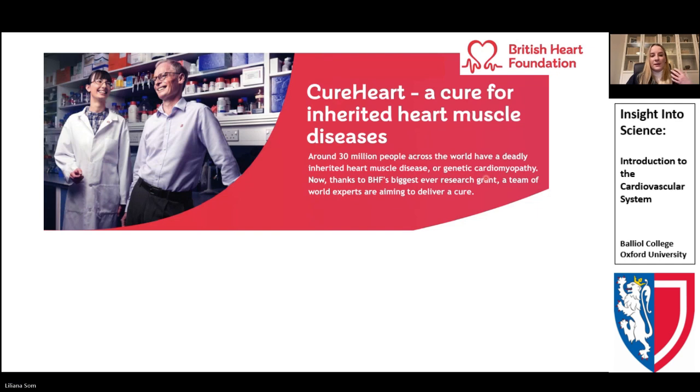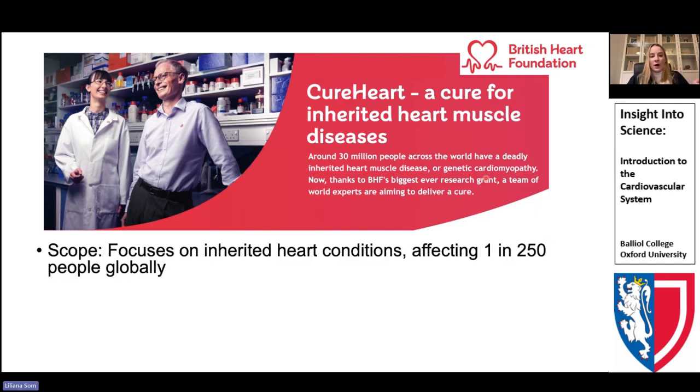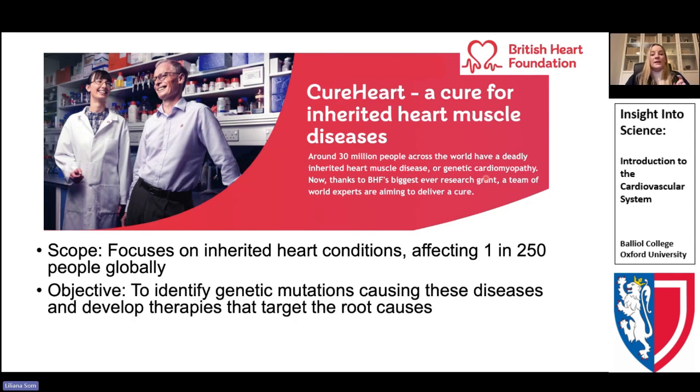And the aim of the Cure Heart project is to focus on inherited heart conditions that affect 1 in 250 people globally. So it's a very common genetic disorder. And what they are trying to do in this project is to identify genetic mutations that cause the disease to develop.